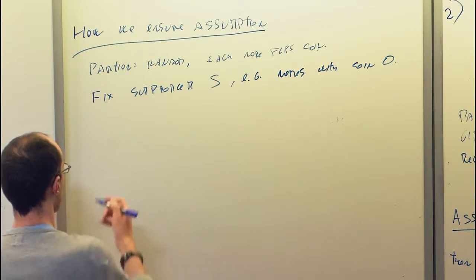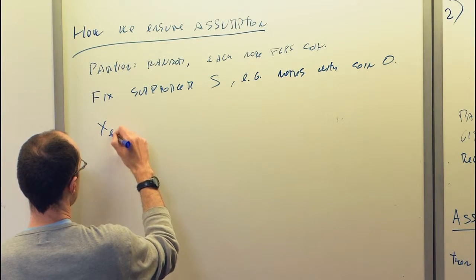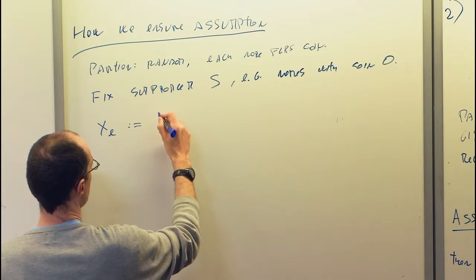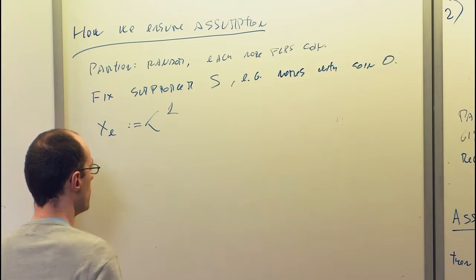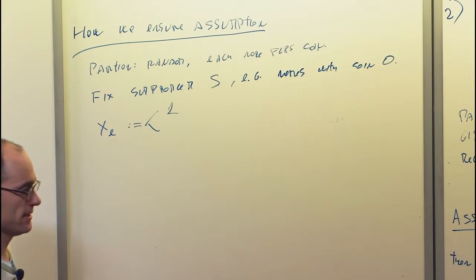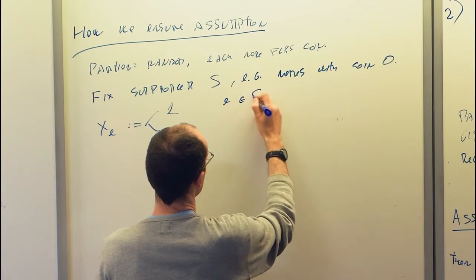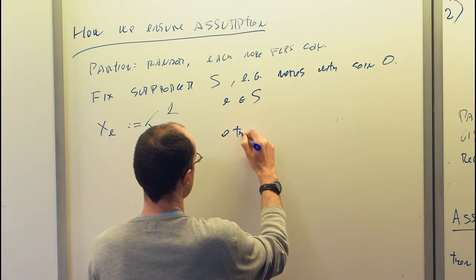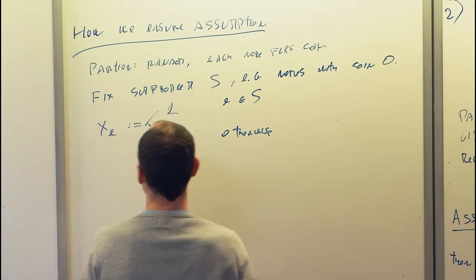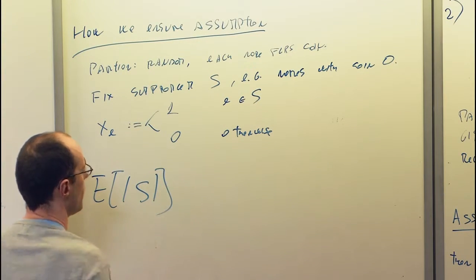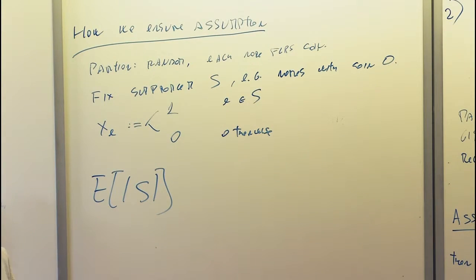All right, so let me also define x sub e to be the indicator variable of whether the edge e is in S. So x_e is 1 if the edge e is in S, and 0 otherwise. So the expected size of the subproblem S is m over 4.